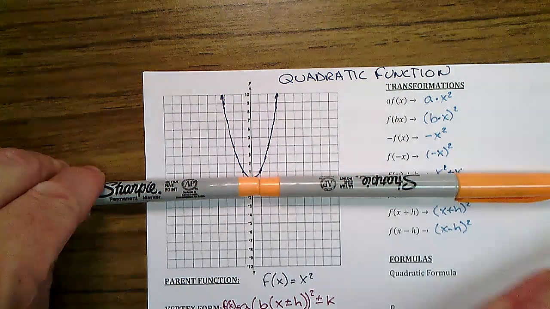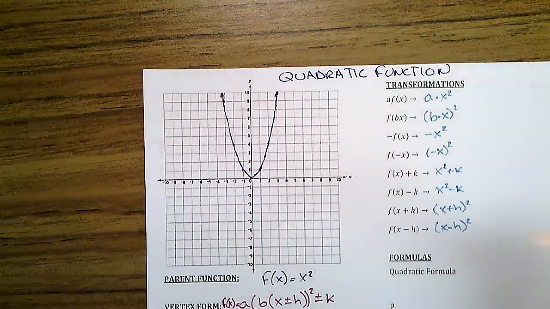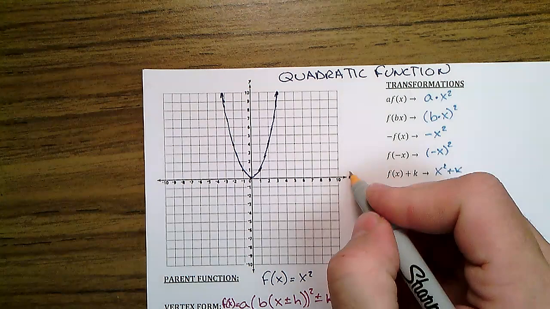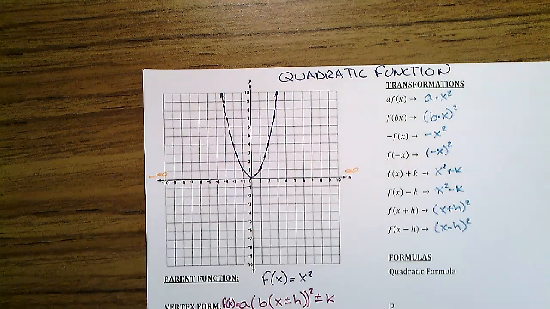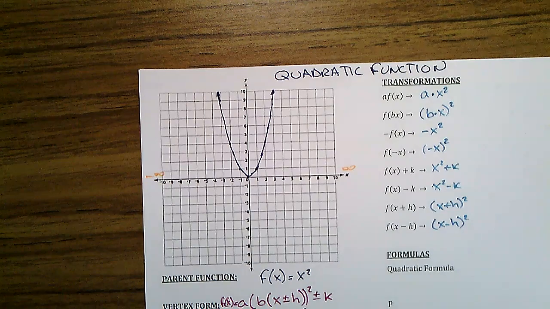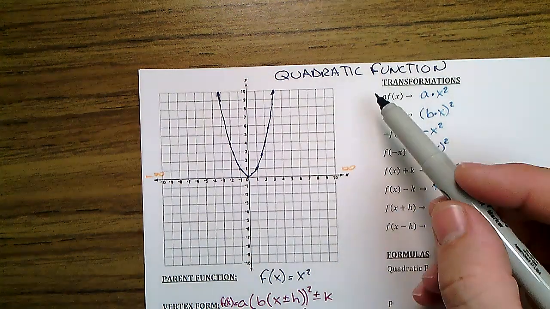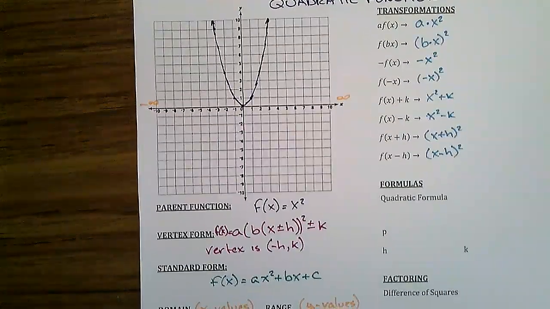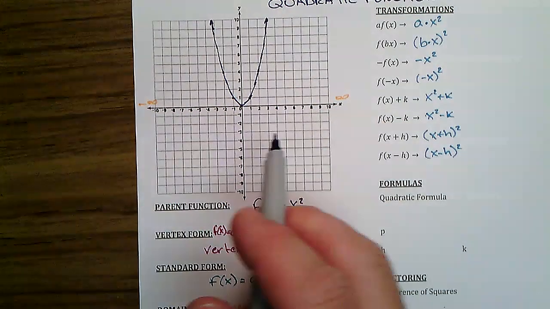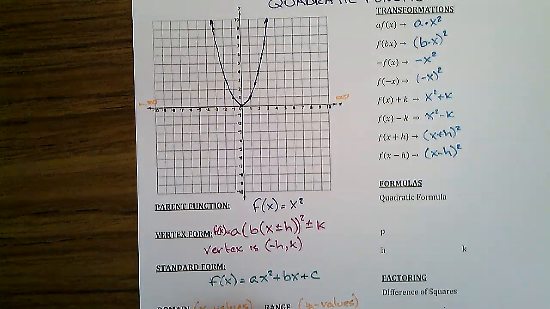Our x values are going to go on forever in both directions. So they're going to go to positive infinity and negative infinity. Therefore, for a quadratic function, an x squared, as long as it's quadratic function, the domain is always going to be negative infinity, comma, infinity.